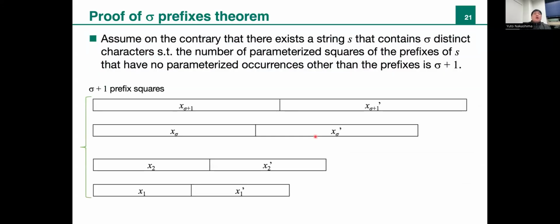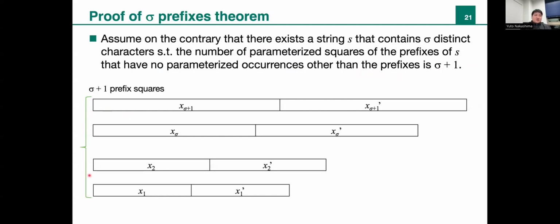Let's start our proof of the main result. Assume on the contrary that there exists a string S that contains sigma distinct characters such that the number of parameterized square prefixes of S that have no parameterized occurrences other than the prefixes is sigma plus one.